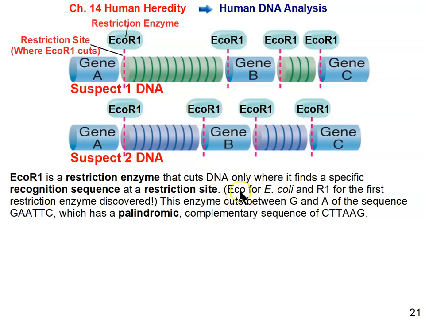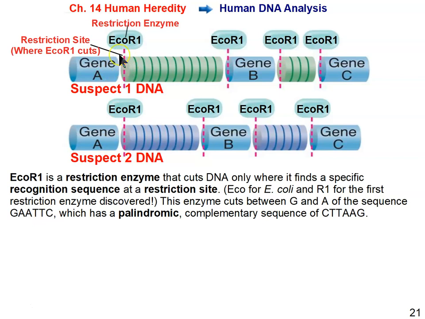And just to let you know where EcoR1 comes from, Eco is short for E. coli, and R1 because it was the first restriction enzyme identified in E. coli, and actually it was the first restriction enzyme ever discovered. And more specifically, this enzyme cuts between the G and the A of the sequence GAATTC.